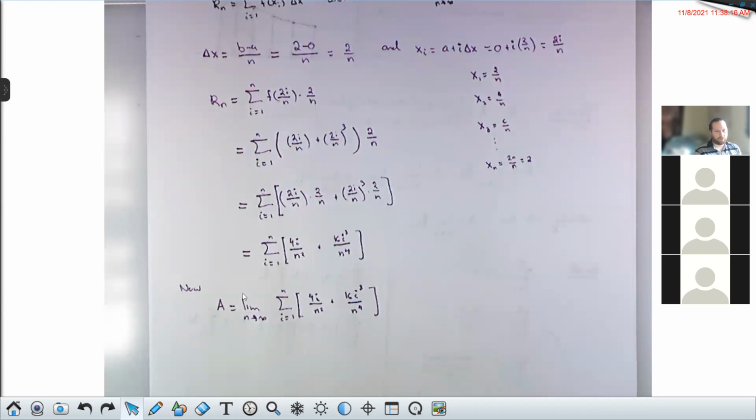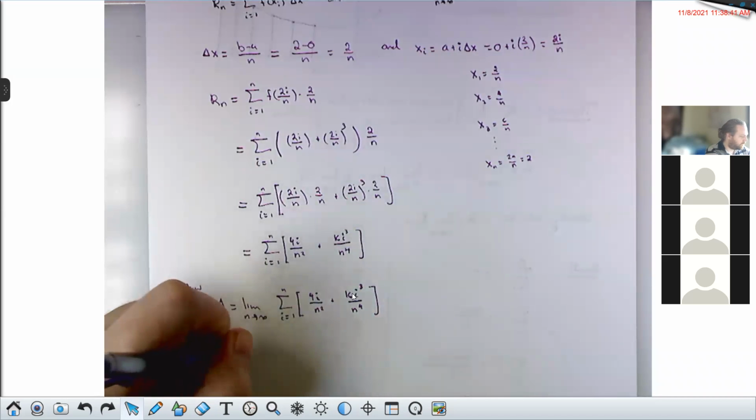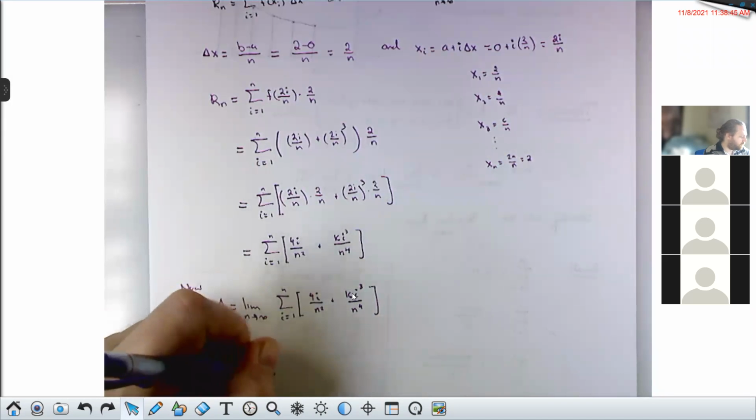And in order to take this limit, I need to rewrite this sum using my summation formulas. And in order to use those summation formulas, I need just sigma of i and just sigma of i cubed. So I need to split this sum up into two pieces and bring the constants from each out. So here's what that looks like. That is the limit as n goes to infinity.